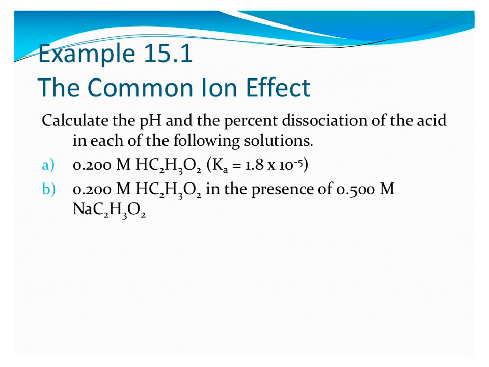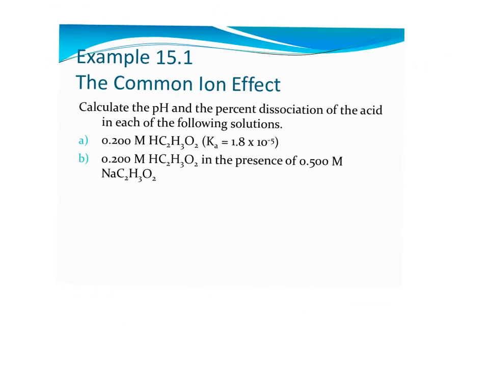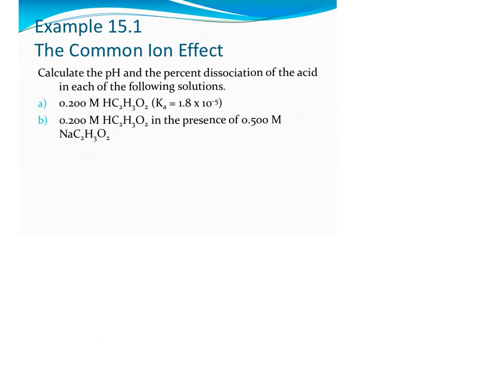So here's a weak acid problem. It's an equilibrium. Calculate the pH and percent dissociation of the acid in each of the following solutions. Now part A should look very familiar. It's just a weak acid by itself.